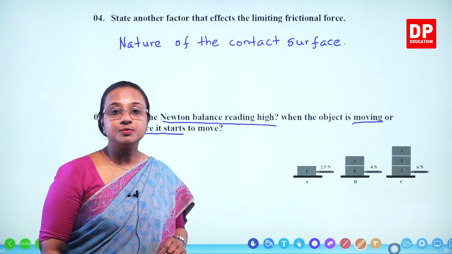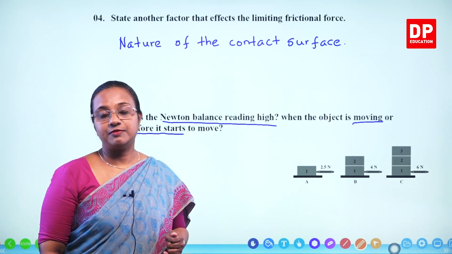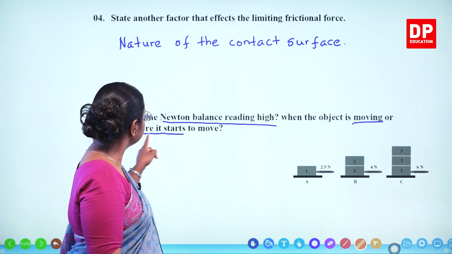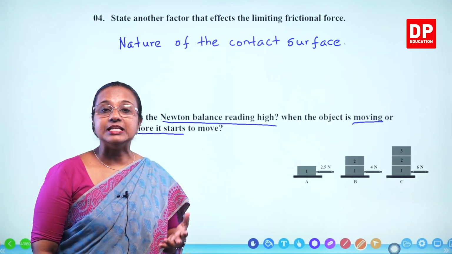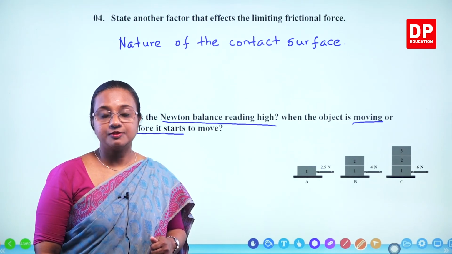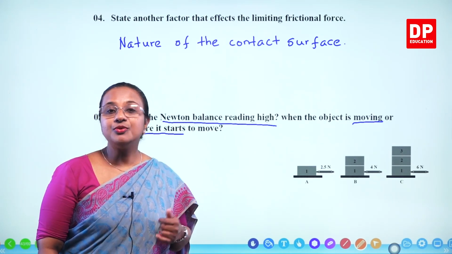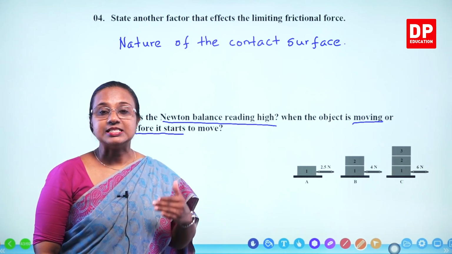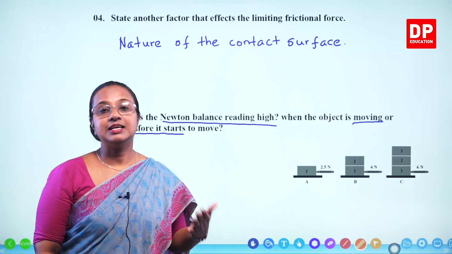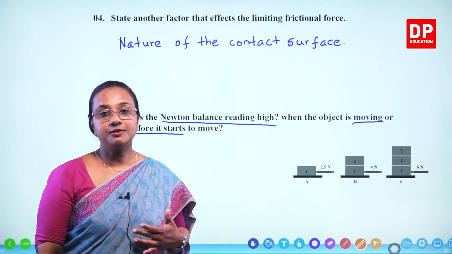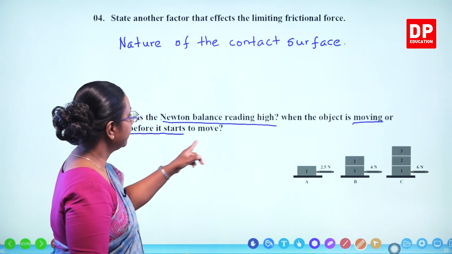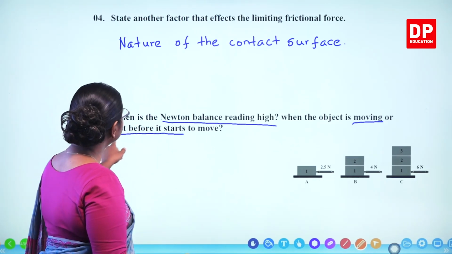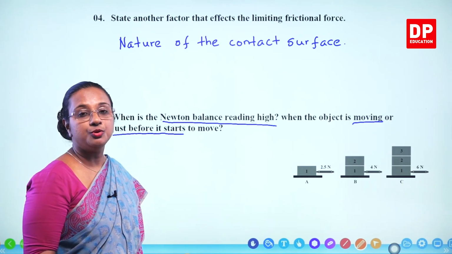When the object is moving, it is the dynamic frictional force, and just before it starts to move, it is the limiting frictional force. And you know very well, students, the limiting frictional force is slightly greater than the dynamic frictional force. So then the answer will be just before it starts to move.